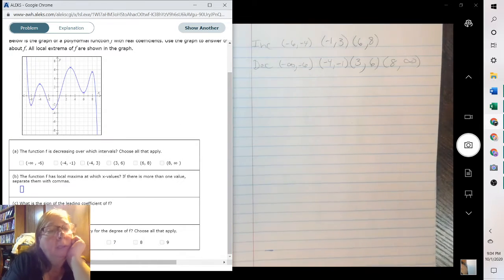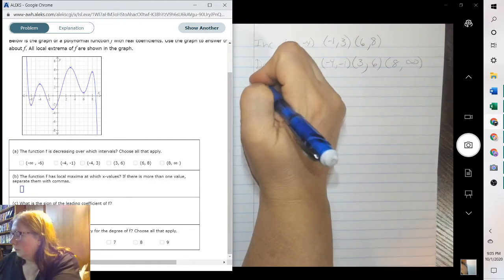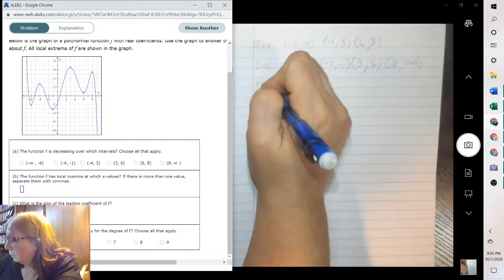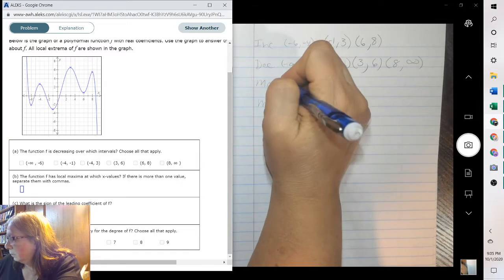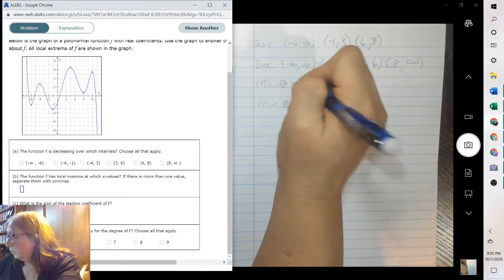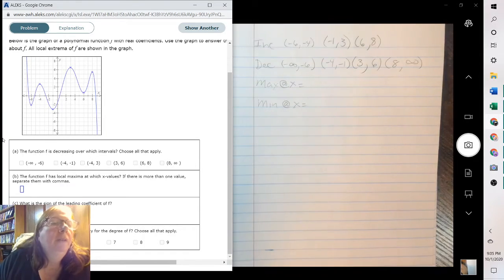So, the function f has a local maximum at which x values? If there's more than one value, separate them by commas. Okay, the maximins. So the first one here, we have a min.